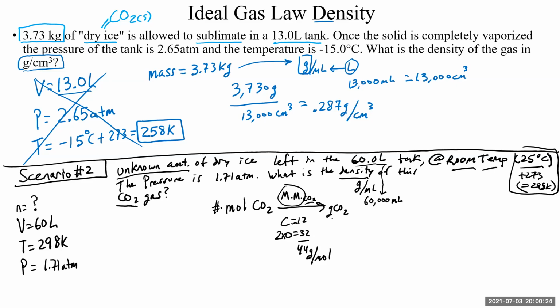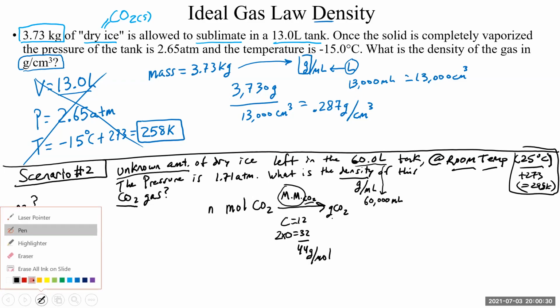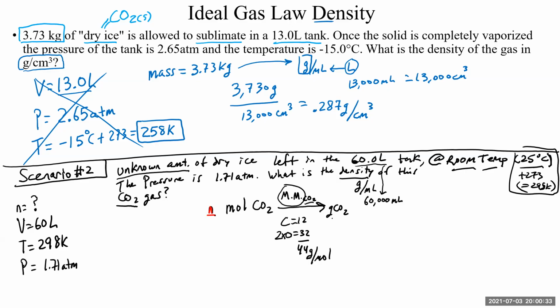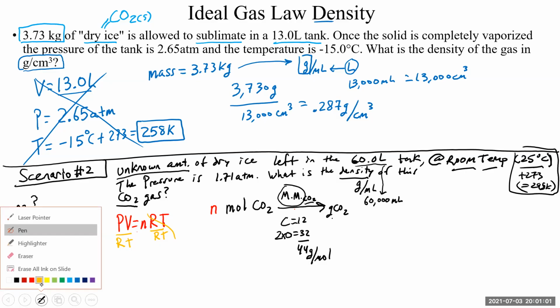I can figure out moles because I know I have n moles. Well, what's n equal to? Well, isn't n equal to PV divided by RT? Let's see, PV equals nRT. If I rearrange this formula and divide both sides by RT, don't I end up with an expression for n where I know every single number on the left side?